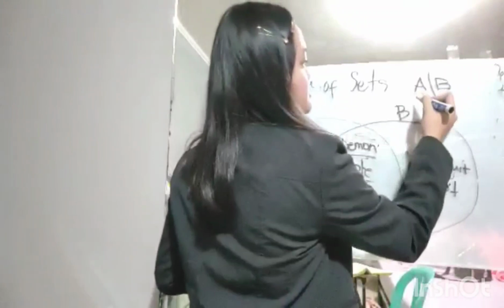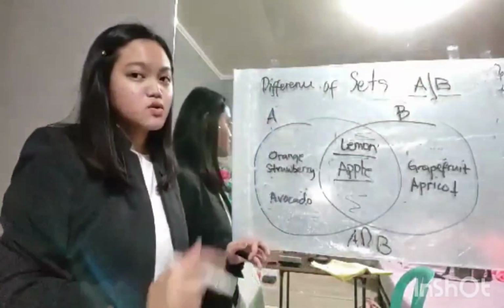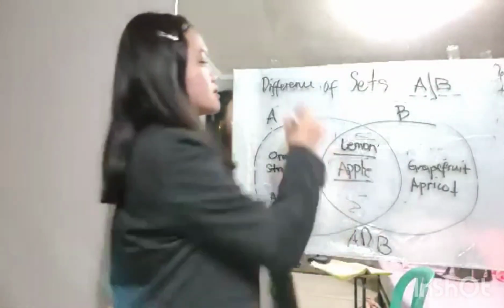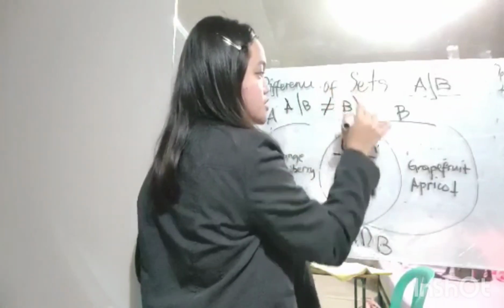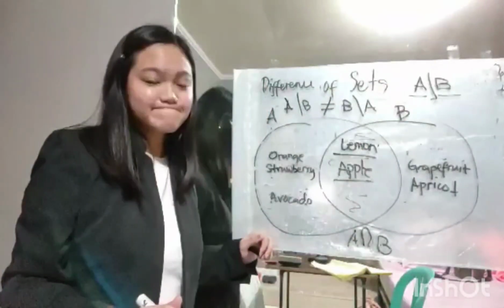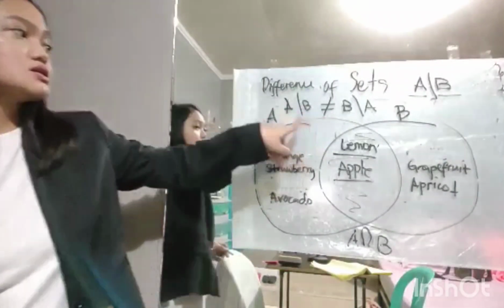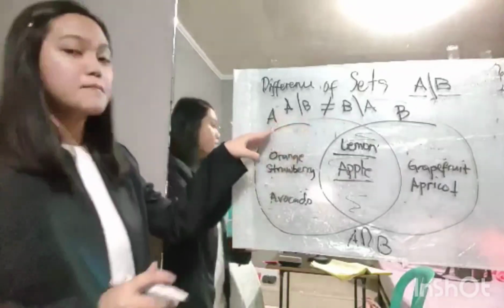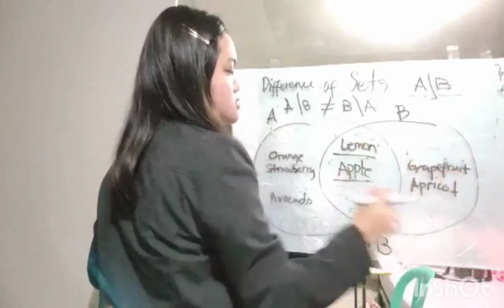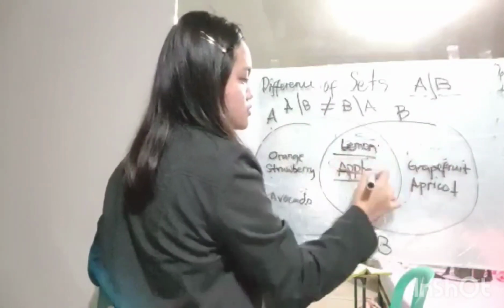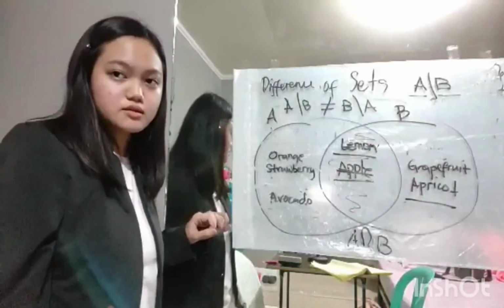A difference B is not equal to B difference A, because A difference B is equal to A minus B. A minus B is equal to grapefruit and apricot only.